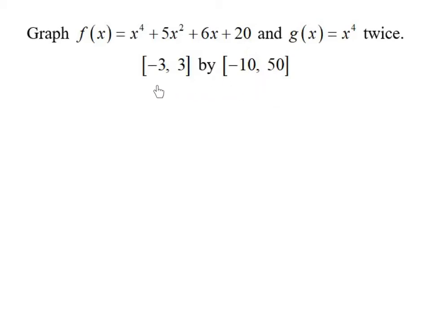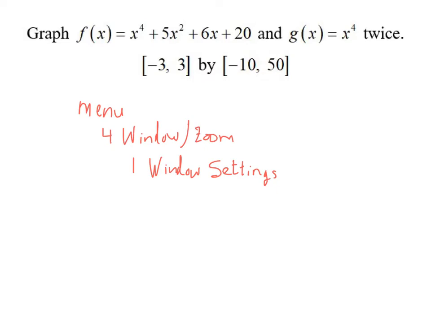That would be -3 to 3 for the x's, and -10 to 50 for the y's. You can access these controls by going to the menu button and then option 4, window zoom, option 1, window settings, and you should see ways that you can enter an x-min, an x-max, and then a y-min and a y-max, and that's what these numbers here would be.